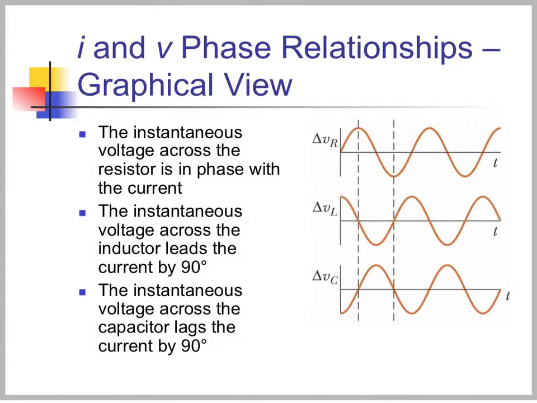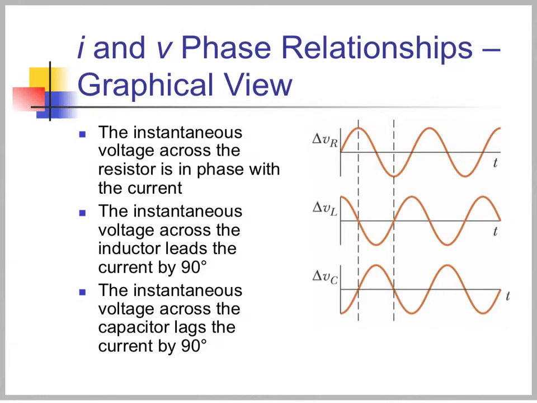So then if I were to look at these voltages across each one, since the voltage and current are the same on the resistor, we can use it as a kind of placeholder. So in this peak, delta V sub L reaches a peak 90 degrees before that, and delta V sub C reaches a peak 90 degrees after this one.